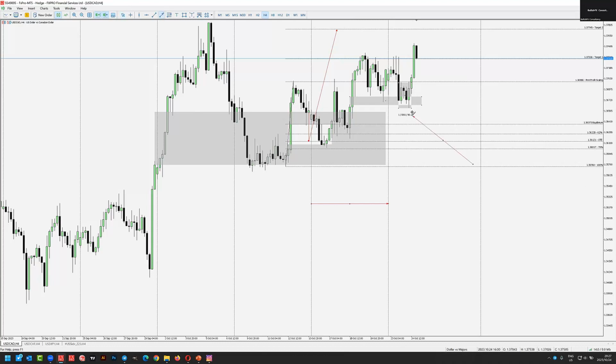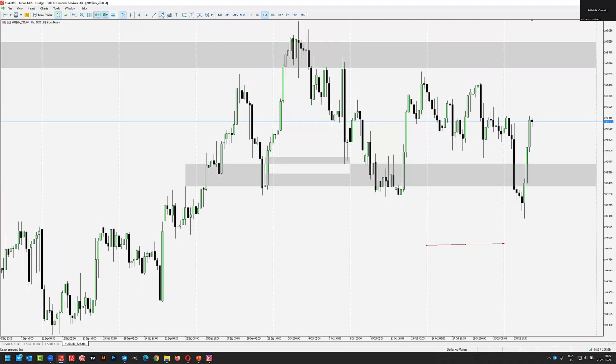Look at the low that was formed today on USD CAD. That's the low on USD CAD this week. If you look at dollar index, this is the low on dollar index. You go back now to your institutional sponsorship. At a time when dollar is making a lower low, what do you need to see in USD CAD?